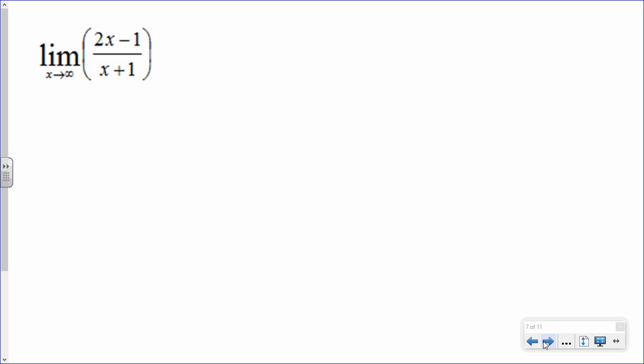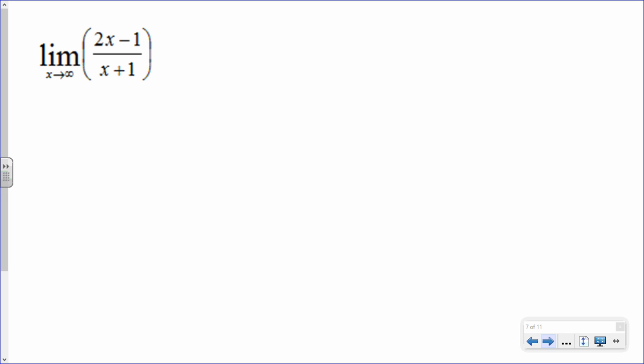If we thought about those two polynomials individually, 2x minus 1 towards the right would go to infinity. x plus 1 towards the right would go to infinity. Infinity over infinity is another one of those indeterminate forms, because infinity is not a value. We can't divide infinity by infinity. All right? So we have to have different strategies. We can't find this limit directly, we just have to have a different strategy.